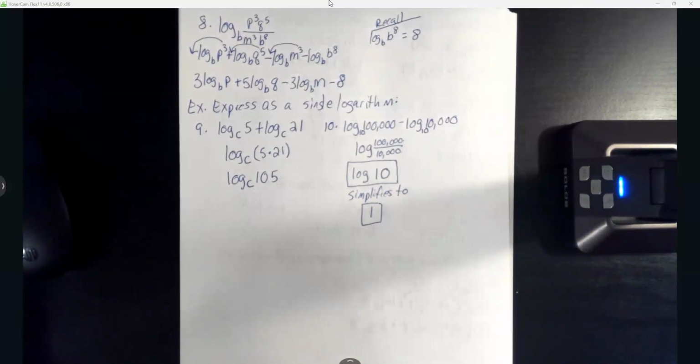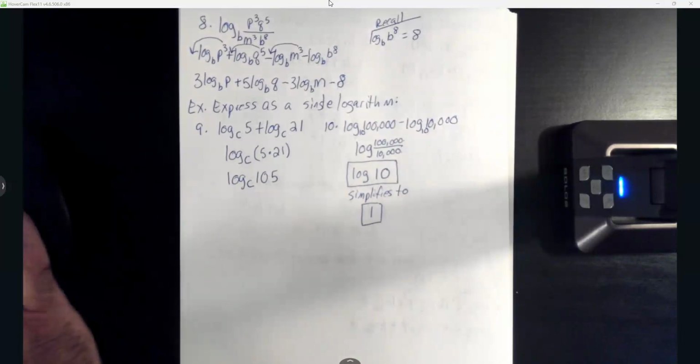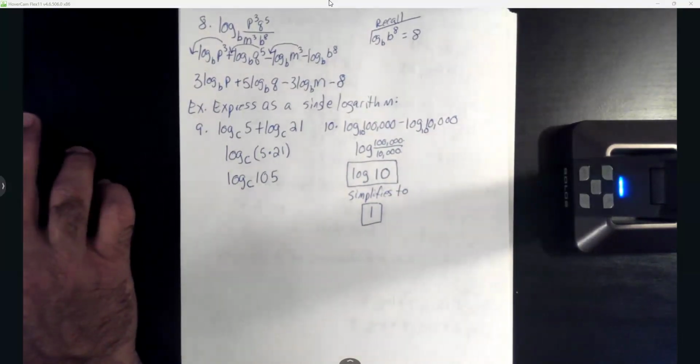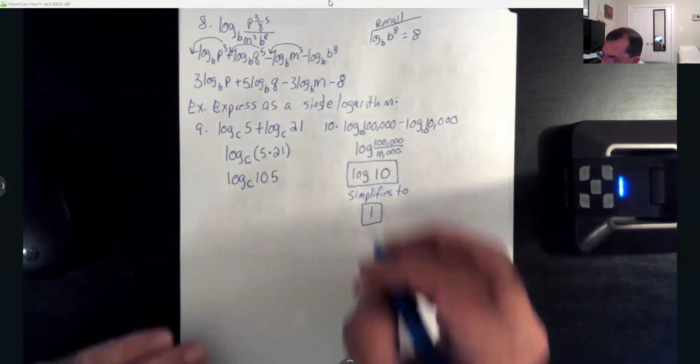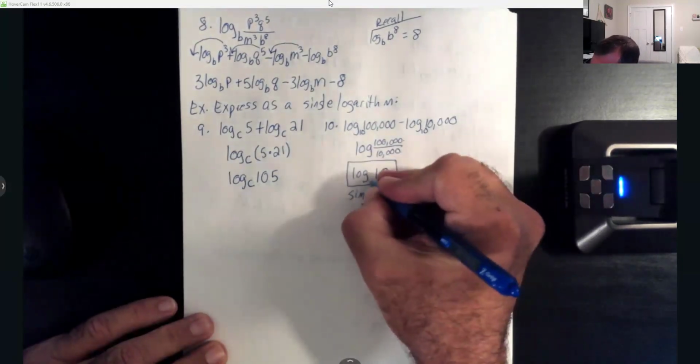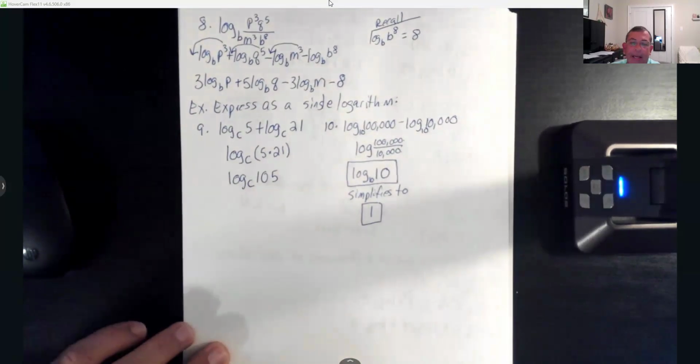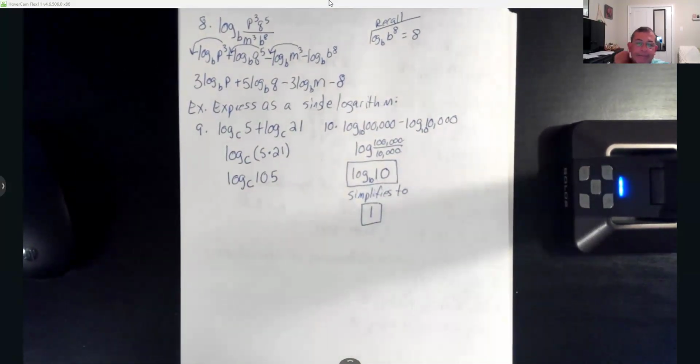So basically, once it goes from the log 100,000 over 10,000, when you simplify it to that log 10, it's kind of going back up to at the top where you did number 10, where it has the implied log 10. Anytime you don't see a base there, it is definitely a 10 there, okay?